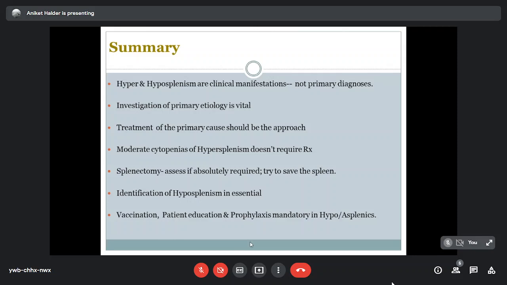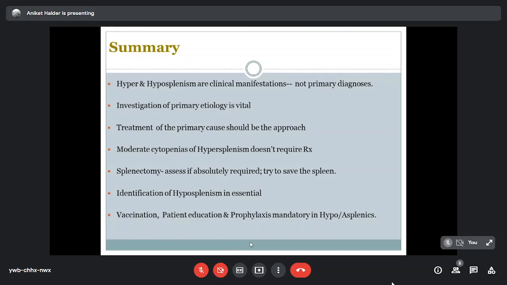Identification of hyposplenism is essential because unlike hypersplenism, hyposplenism is missed in most of the cases, and proper evaluation of the blood smear abnormalities for identification of the different red cell inclusions can be a primary and first guide for identification of hyposplenism.